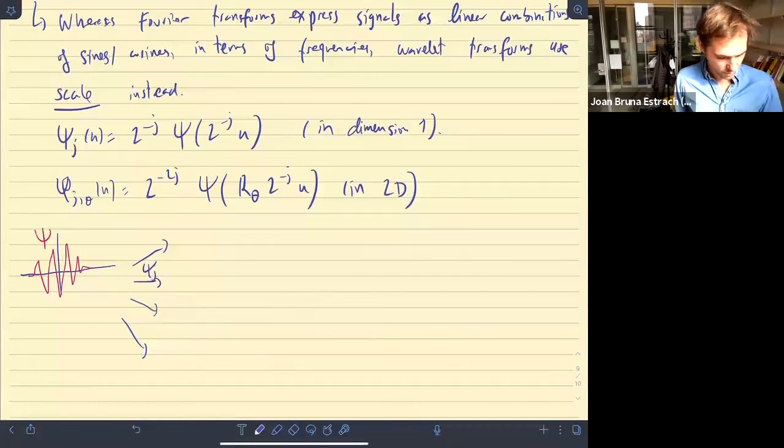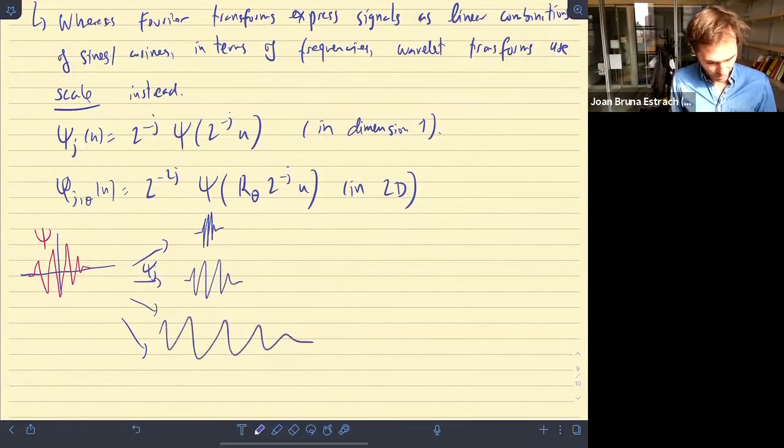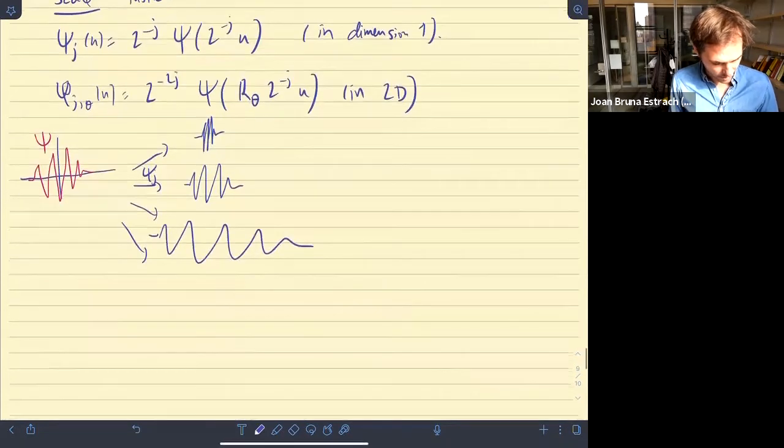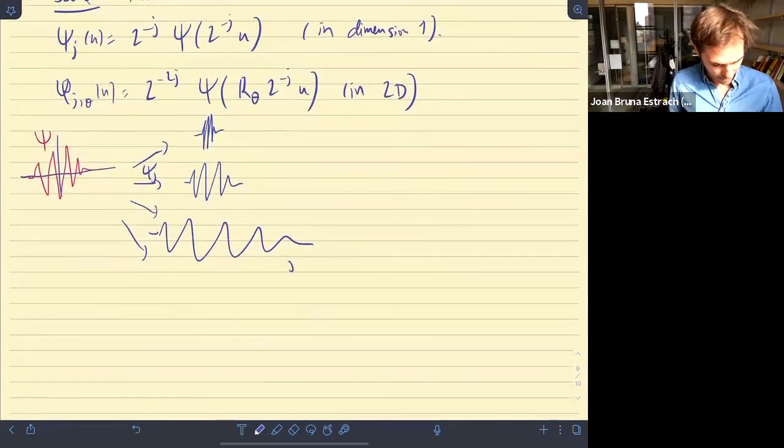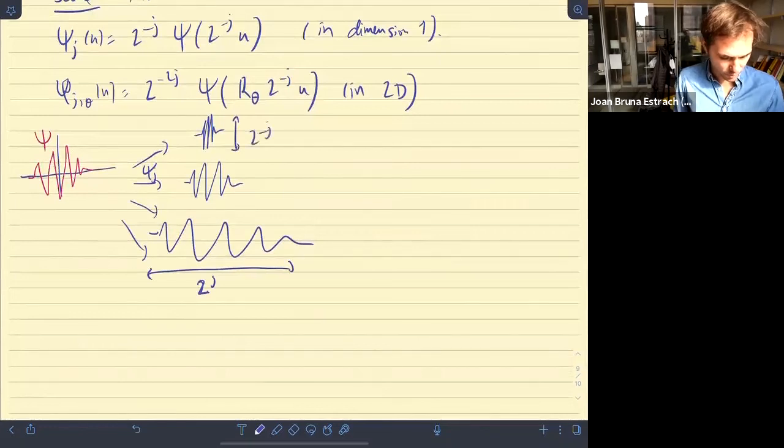The first one would be something very small, then something a bit bigger, etc. You can see that the domain is proportional to 2 to the j, and the amplitude is proportional to 2 to the minus j.